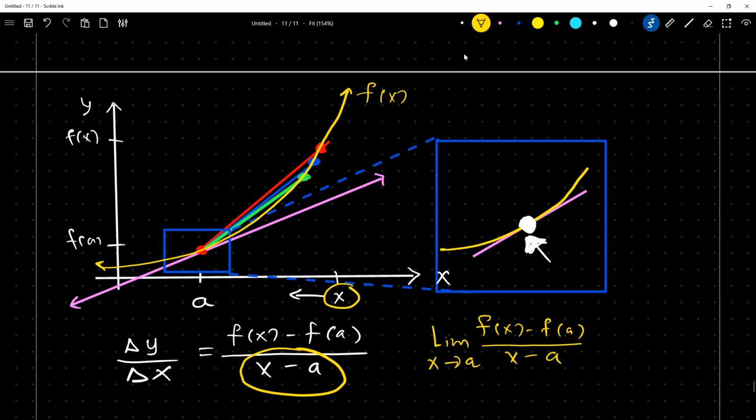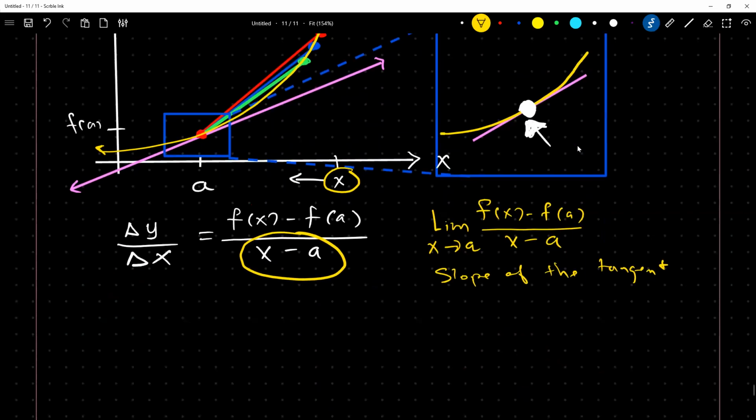So this expression gives me the slope of the tangent line. Hold on, let me go back a couple of steps here. There we go. Okay, so this is the slope of the tangent line, which is also the gradient of this nonlinear function at that point.